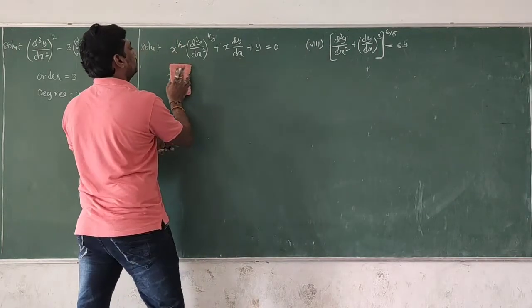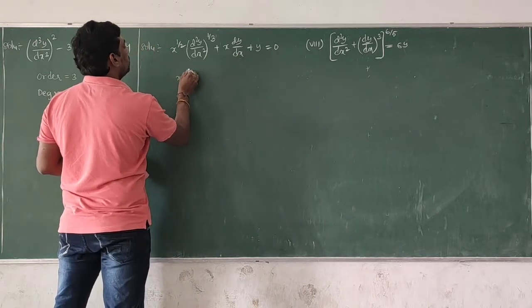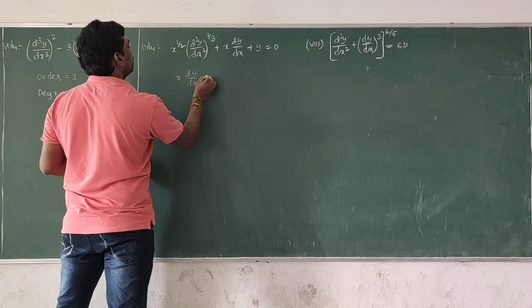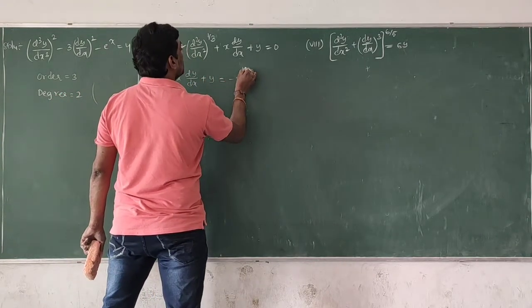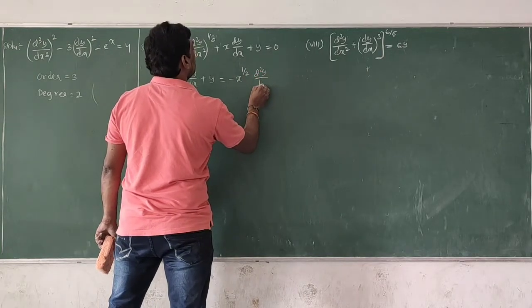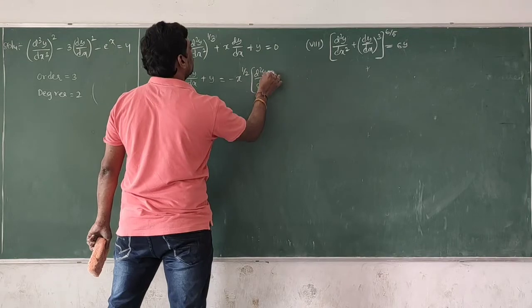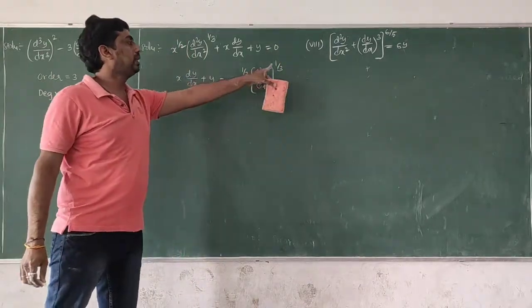Keep these two terms in the LHS: x into dy by dx plus y, equal to the term taken to the opposite side, minus x power 1 by 2 into (d square y by dx square) whole power 1 by 3. Here the power is 1 by 3 now.